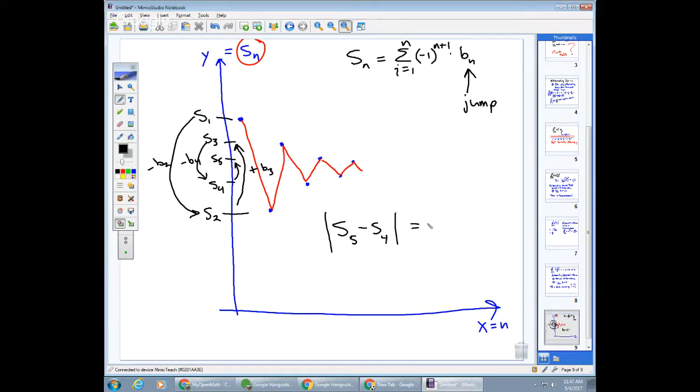So b_5 is going to be that one. Now, ultimately, what I really want is some limiting value that I'm converging to here, L. Now, since it's a sum, instead of an L, we usually call it an S. So S is the limit of my partial sums.